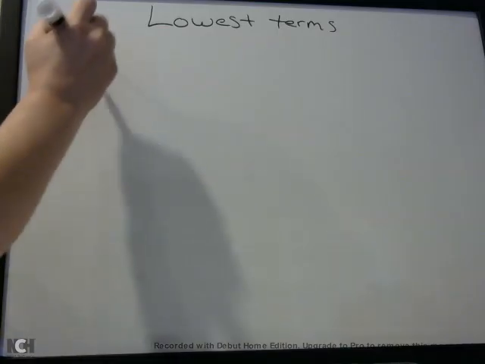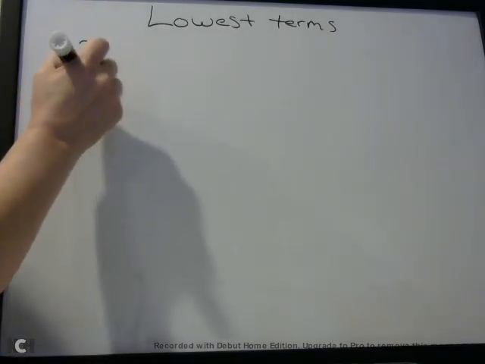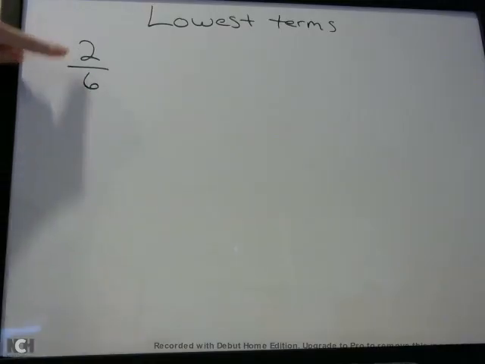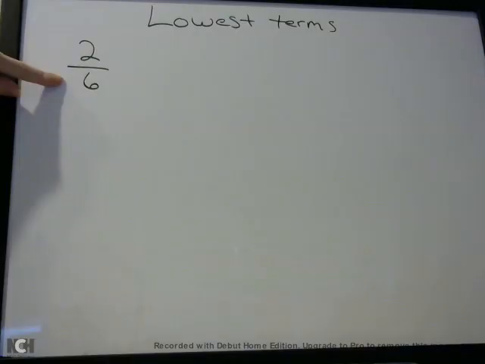So, for example, if you have a fraction 2/6, what lowest terms means is that the numerator and the denominator cannot be divided evenly by the same number. When that happens, you are in lowest terms. But here our numerator is 2 and our denominator is 6, and both of those numbers can be divided by the number 2.